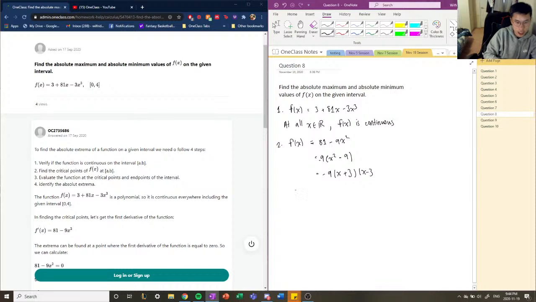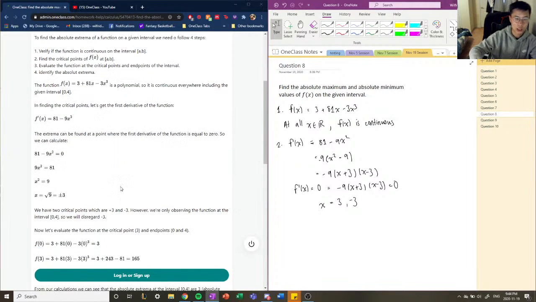So now we need to set f prime of x equal to 0, which sets this equation to equal 0. And now we need to find our zeros, right? Our zeros here are x equals 3 and negative 3, okay? So we have found our critical points. We have found out that there's a 0 rate of change, or a 0 slope, at x equals 3 and x equals negative 3, okay?